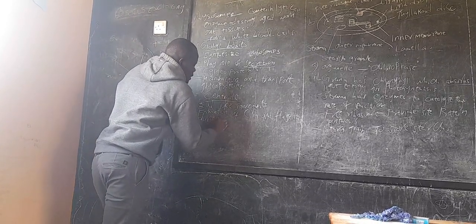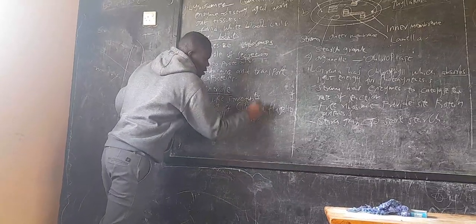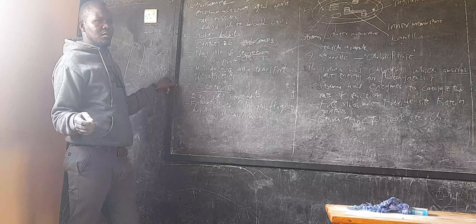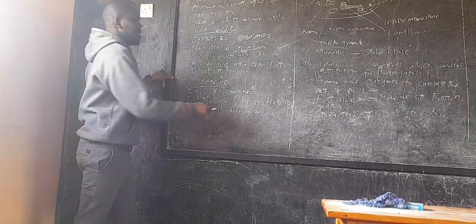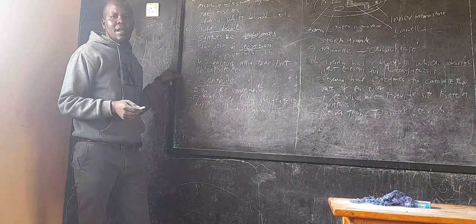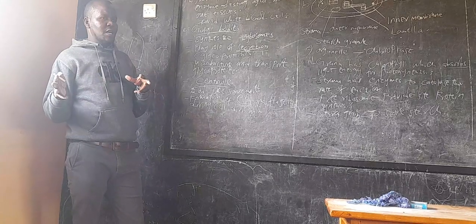Number one, we are saying formation of cilia and flagella. Cilia will be found on paramecium. Flagella will be found in euglena. Those are organisms in the kingdom Protoctista.